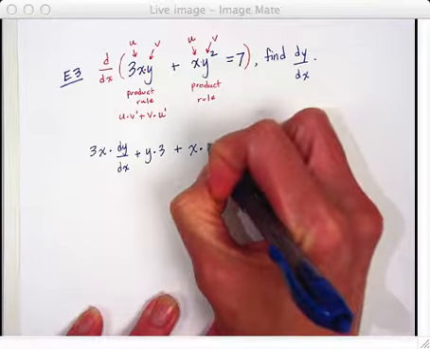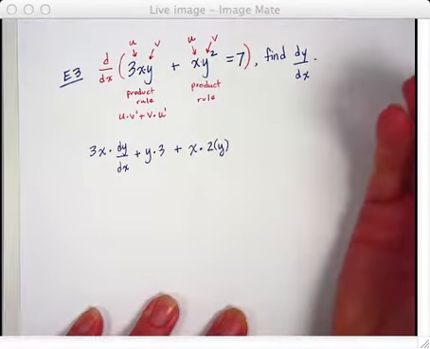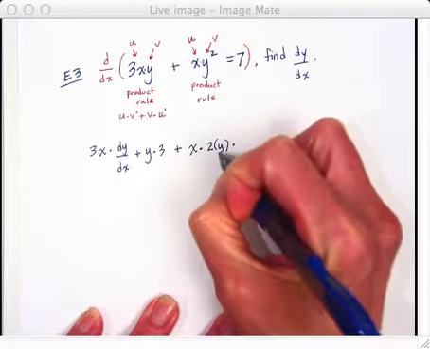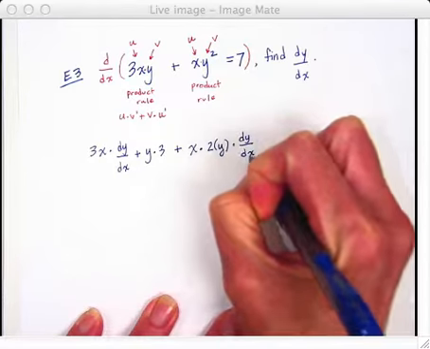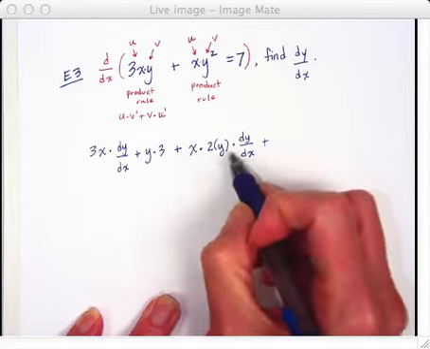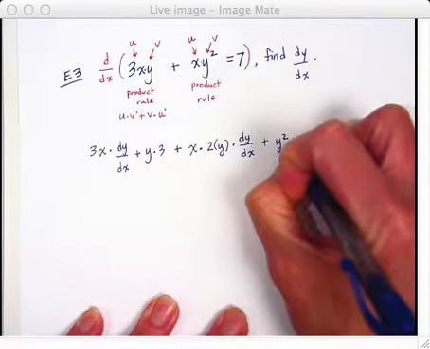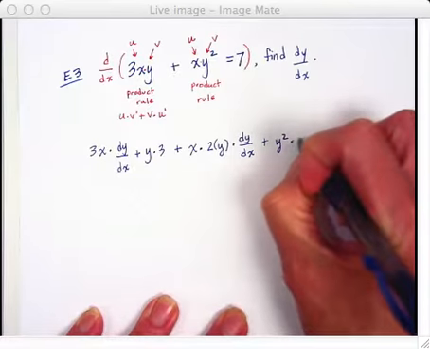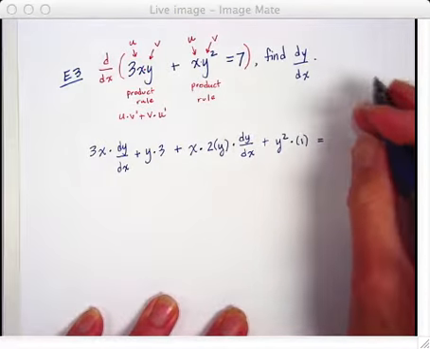So it's going to be 2 times the y, and it becomes a 1 exponent. Then I have to multiply times the derivative of this inside function, which is y. So dy dx. And then plus, so there's u times v prime plus v, which is y squared, times u prime, which is just a 1. And the derivative of 7 is a 0.